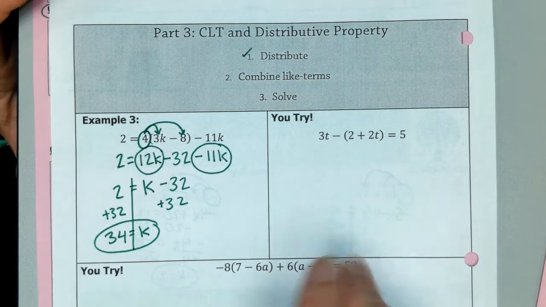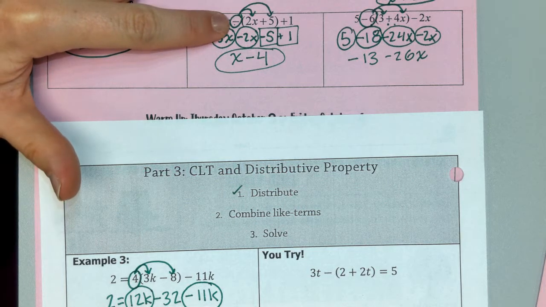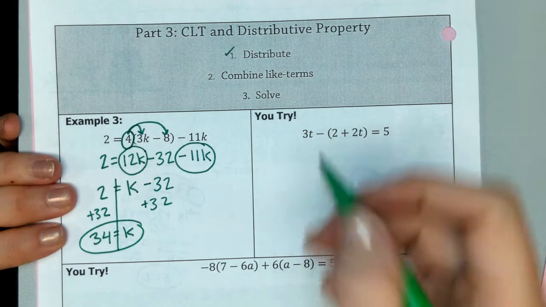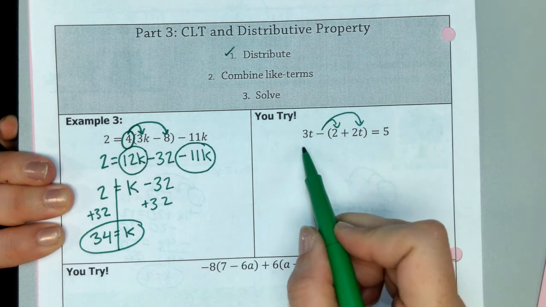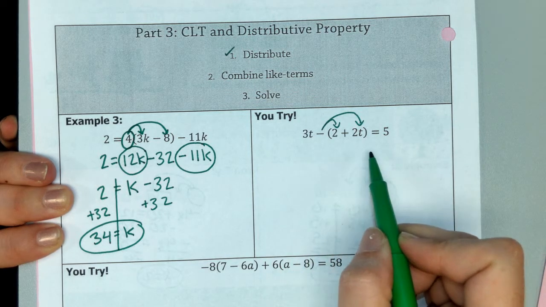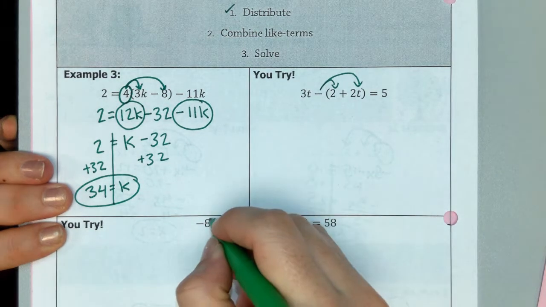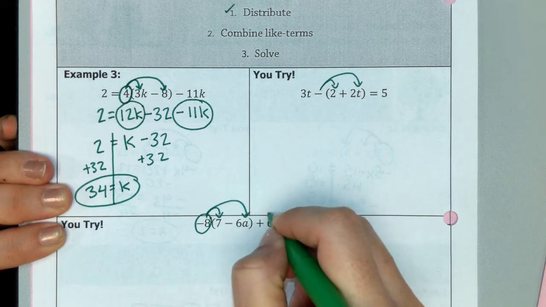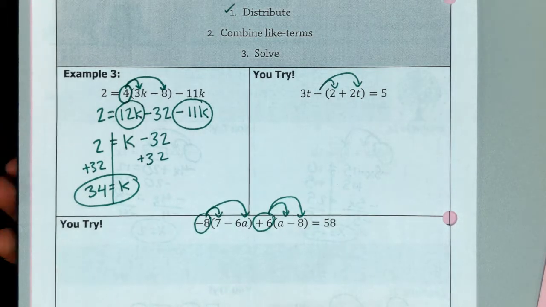This next one is just like the one we did on the warm-up. There's a negative outside the parentheses that we have to distribute. So we're changing the sign of everything inside the parentheses. So this will be 3t minus 2 minus 2t. And this one, you have to distribute twice. Distribute a negative 8 and distribute a positive 6. So work on those two.